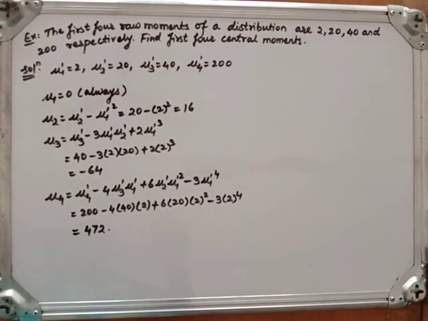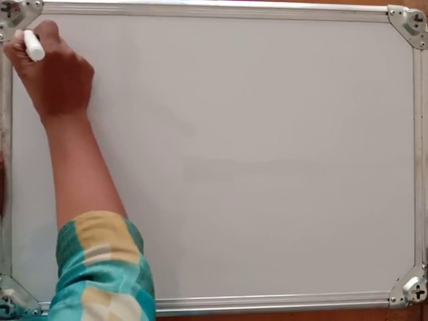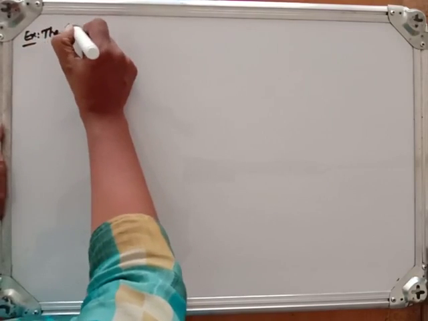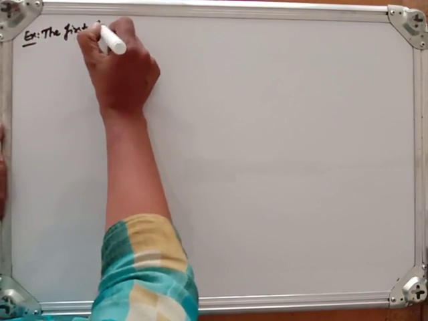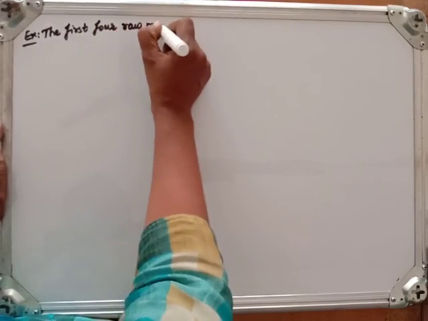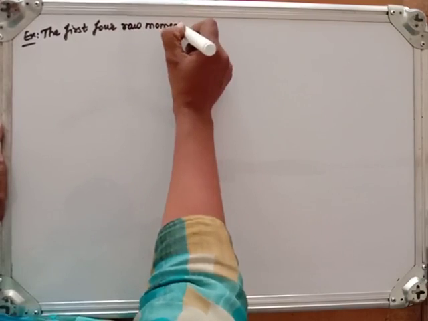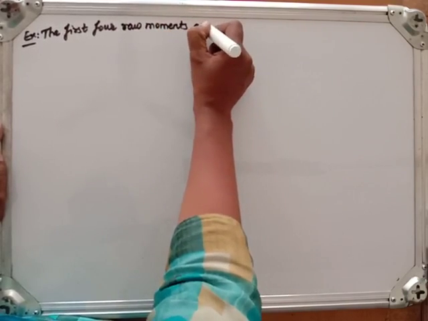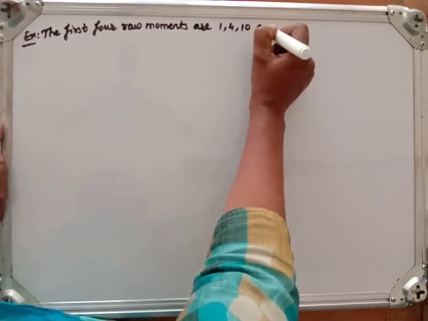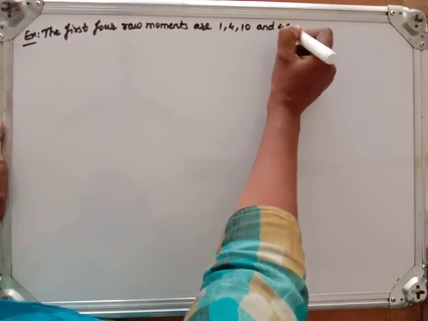Now, the next example. The first four raw moments are 1, 4, 10 and 46.